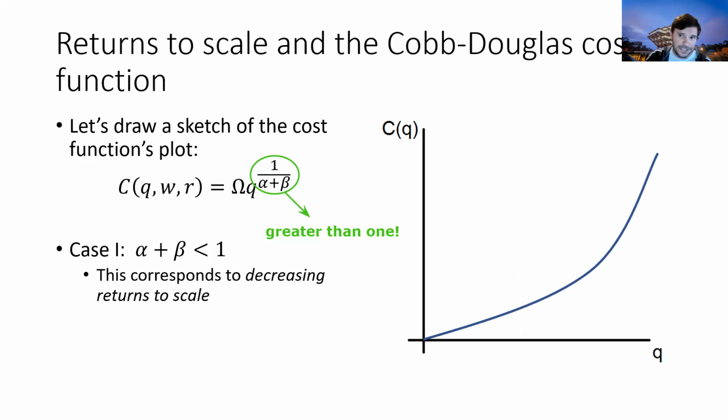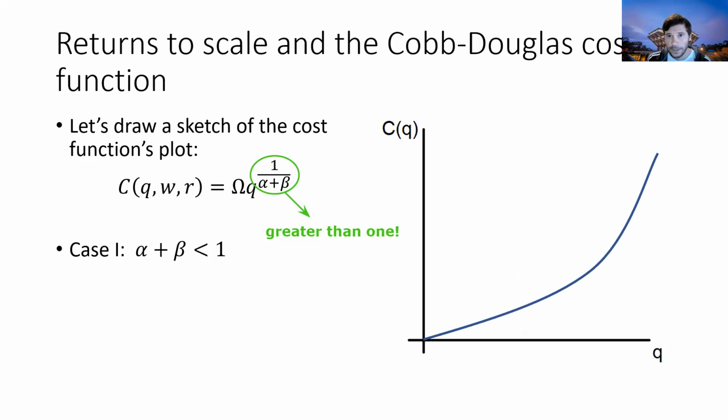So if you face decreasing returns to scale, what happens to the marginal cost of production if we produce more and more here? Yeah, it's going to go up. That's right. And we could calculate that.